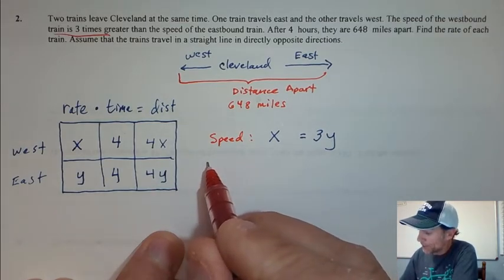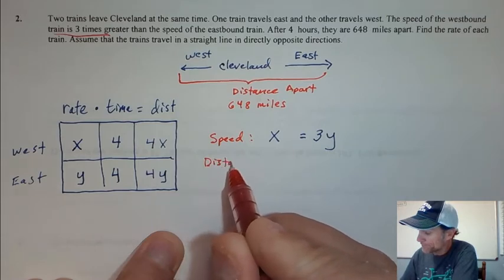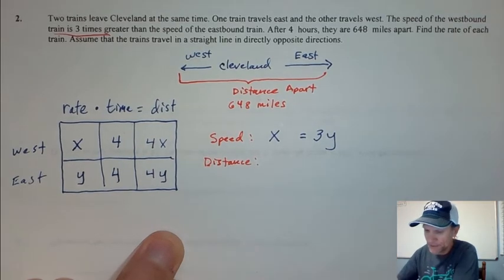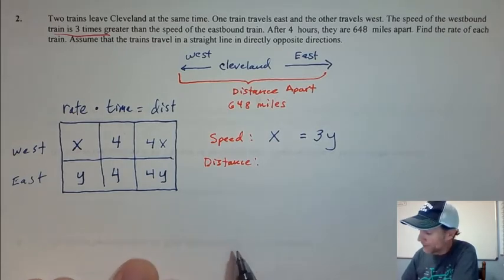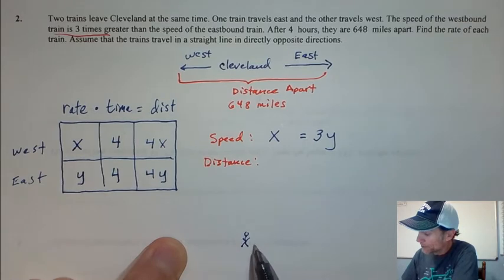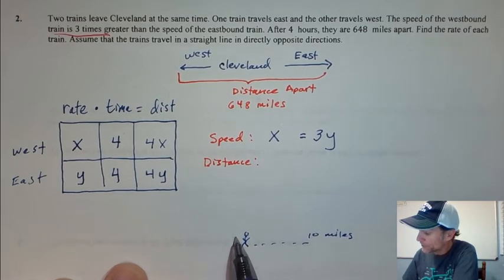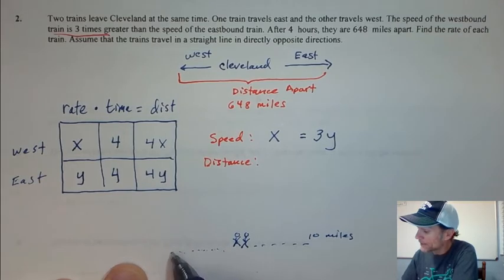Next, I'm going to think about the distance here and what we can do with distance. Well, a quick little diagram here. If you have a person that walks this way 10 miles, and then you have a person that starts at the same spot and walks this way 7 miles, how far apart are they?